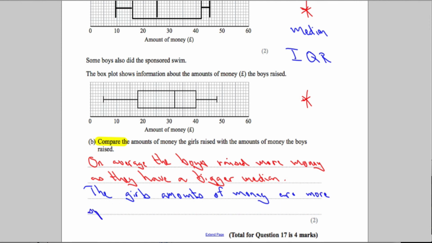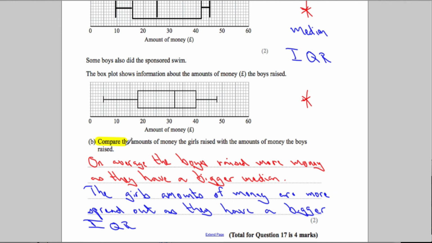And how do we know? As they have a bigger interquartile range, IQR. And that's going to get you 2 marks there.